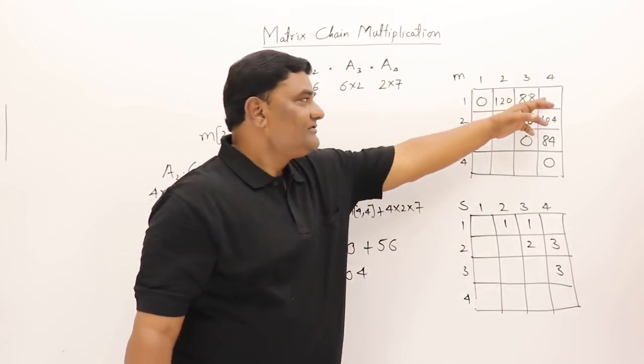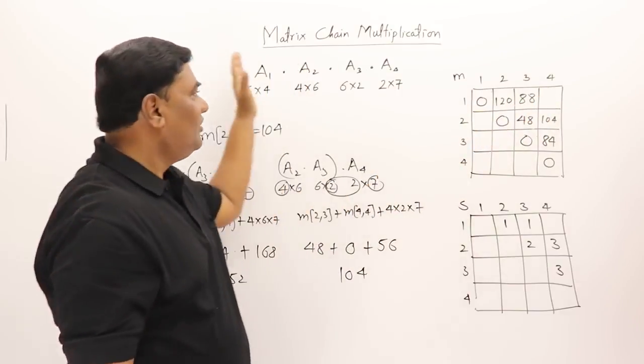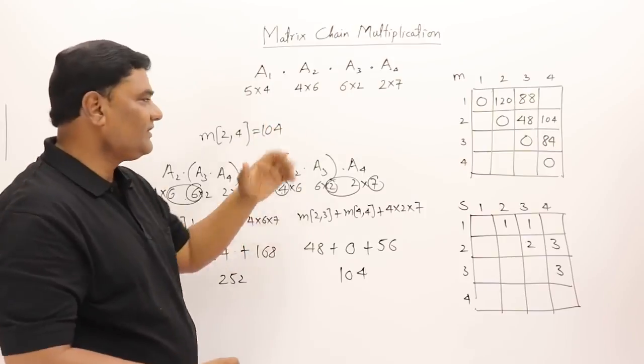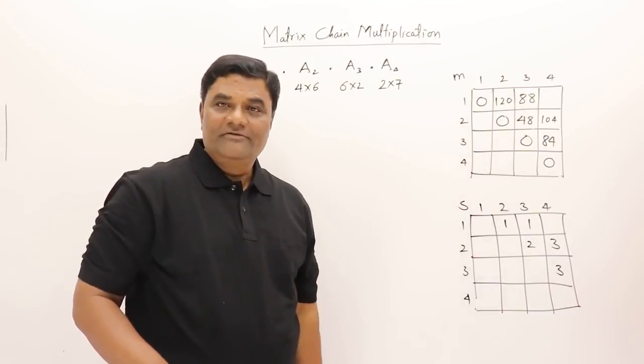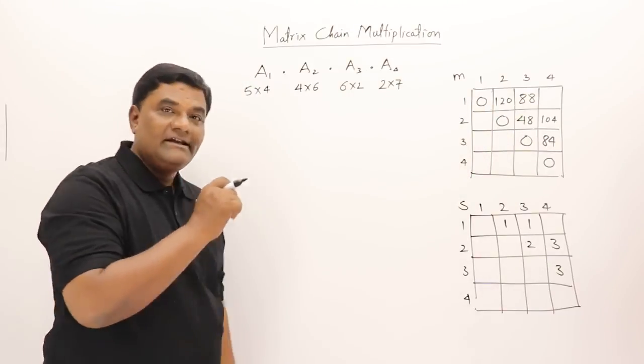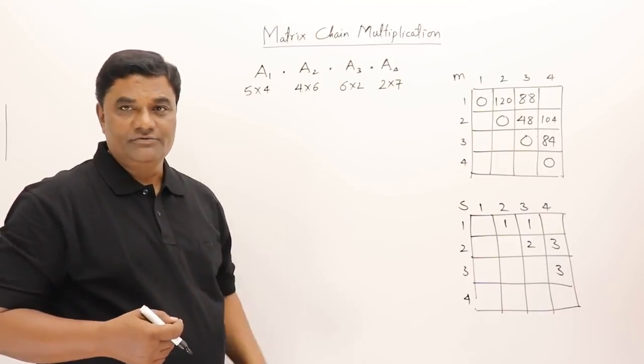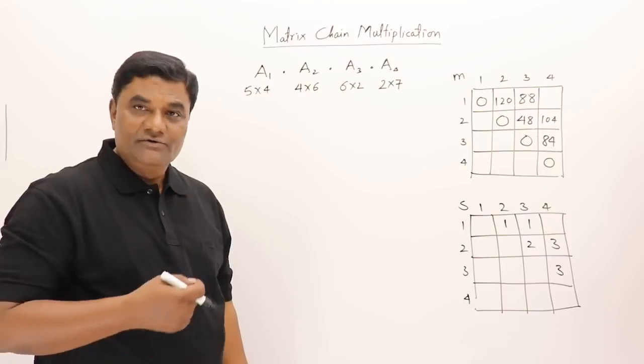I have to find out this final value. That is all 4. So we tried 2, then 3 at a time, now 4 at a time. Now m of 1 comma 4. So now I will use the formula and show you.